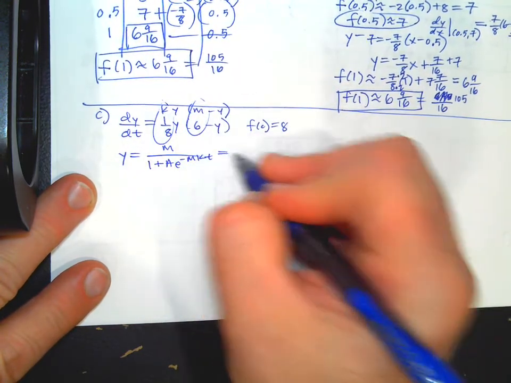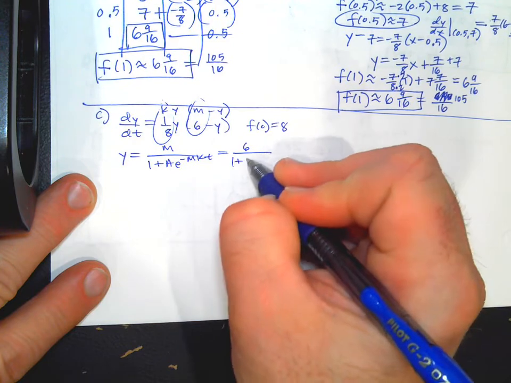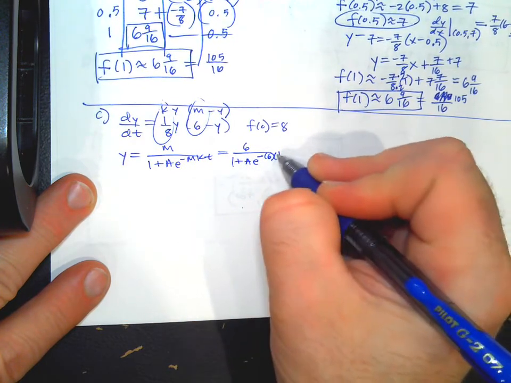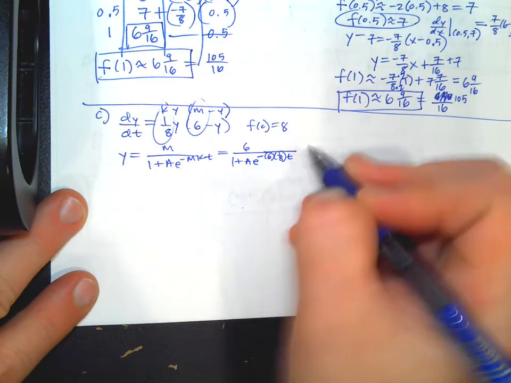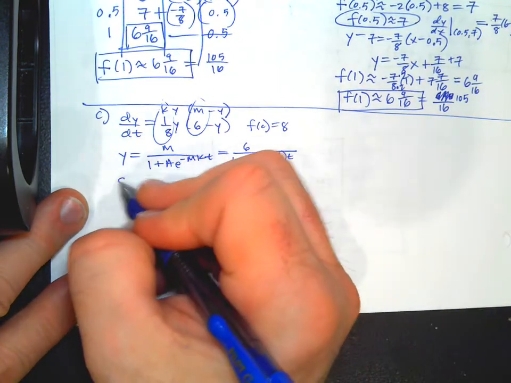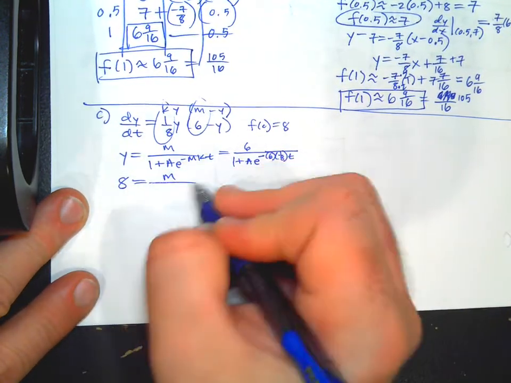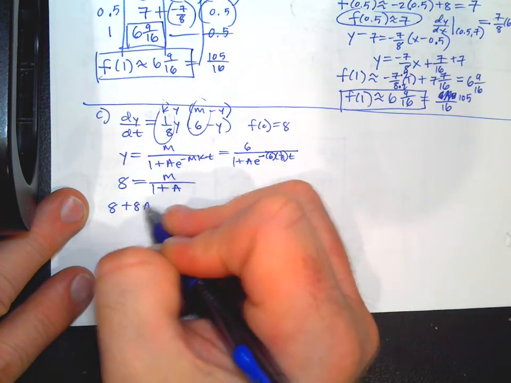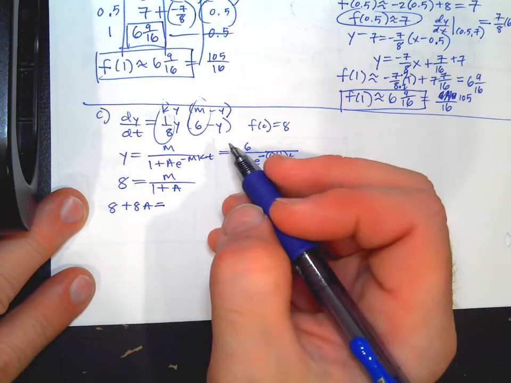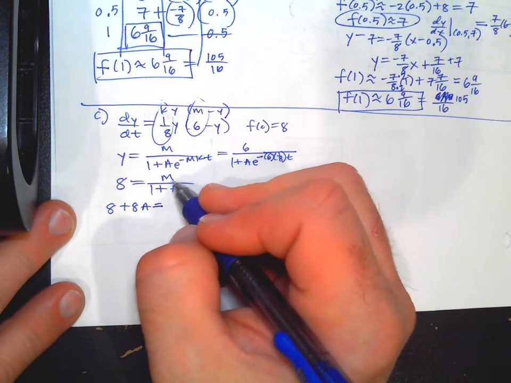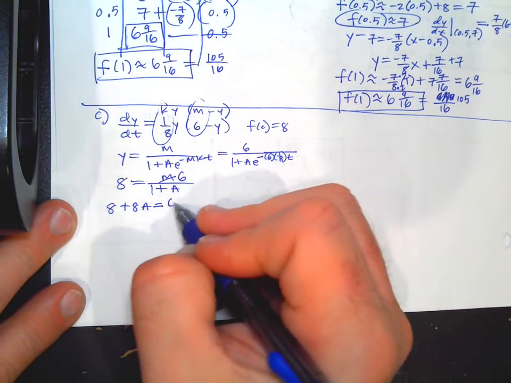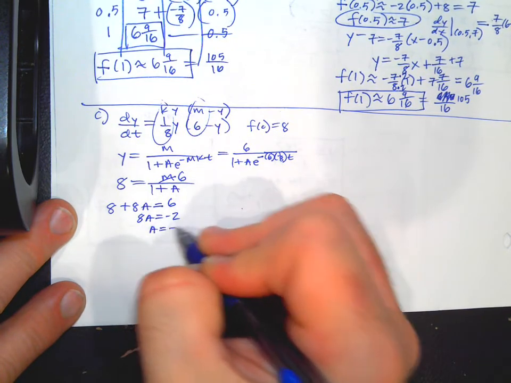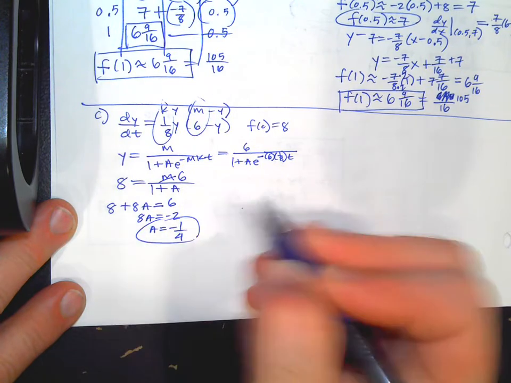So we've got 6 over 1 plus A e to the negative 6 times 1/8 t. You plug in the initial condition at t equals 0. You can find the A value pretty easily. That's why I told you not to memorize that. If you do, taking off points. Now M is 6, right? 8A equals negative 2, A equals negative 1/4.